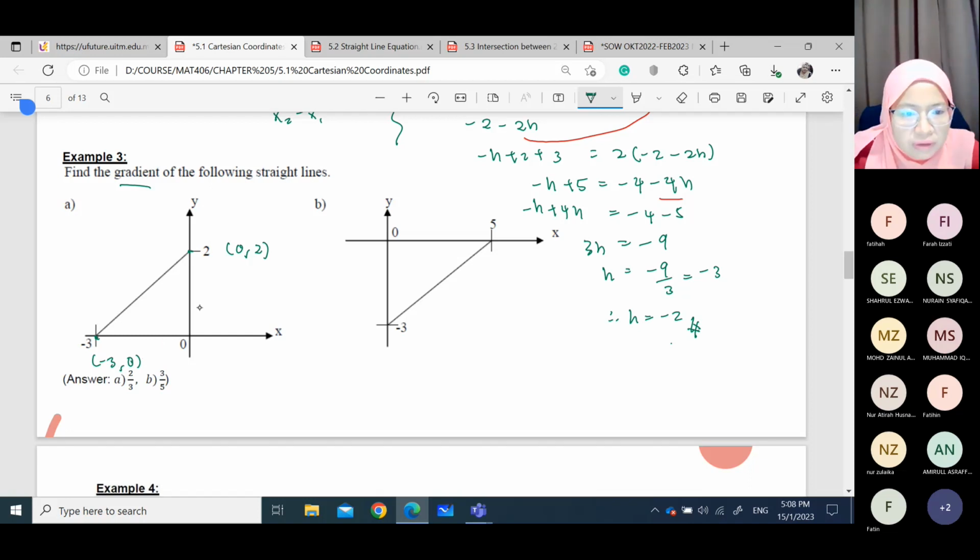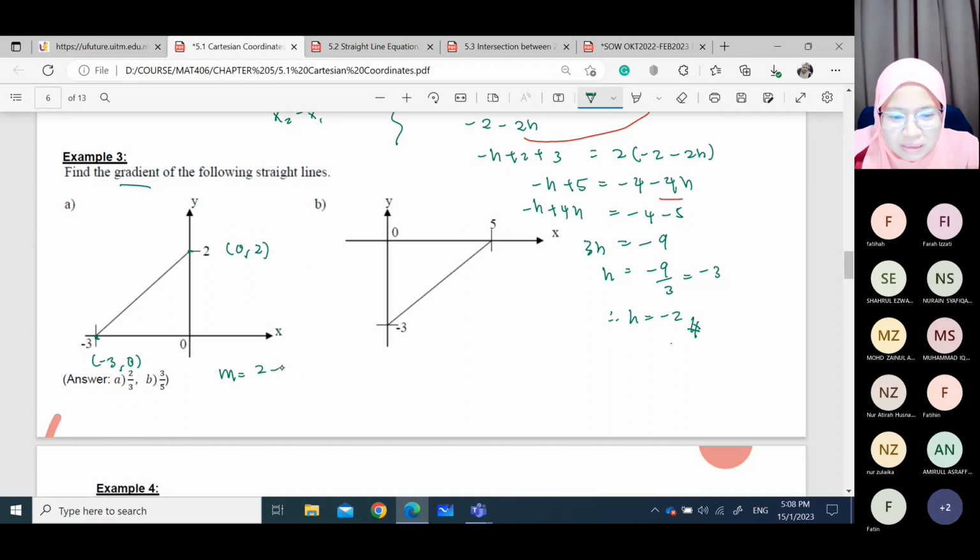Okay, so now we find the gradient. So m is equivalent to y2 minus y1 over x2 minus x1. For this one, you can choose either this one as x1, y1 or this one as x2, y2. Either one is fine, and you will get the same answer.